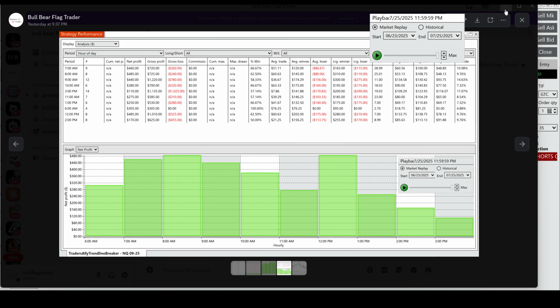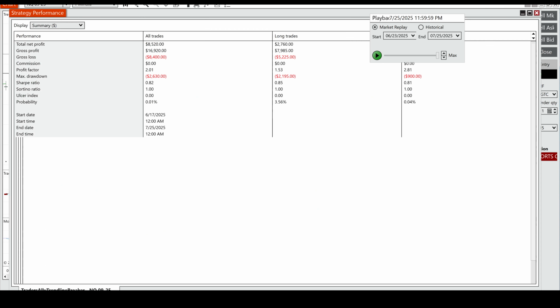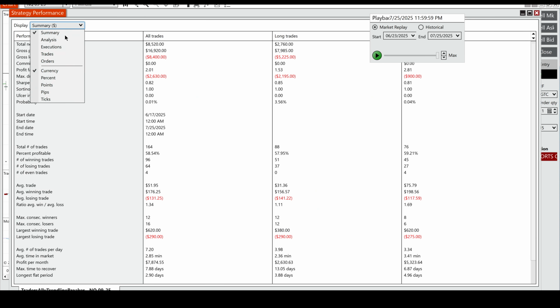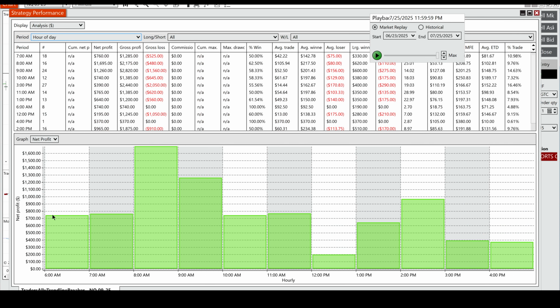Let's look at the time, if there are any times that are least profitable. And see, every hour is profitable. That's really nice. I haven't seen that with any other algos.